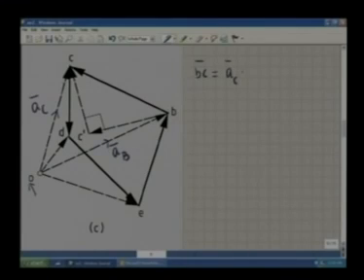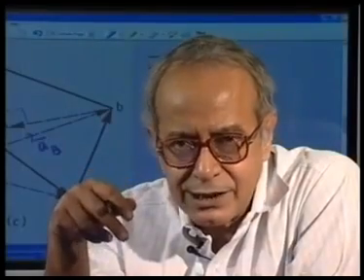AC minus AB, where C and B are 2 points on the same rigid body whose angular velocity is omega and angular acceleration is alpha.